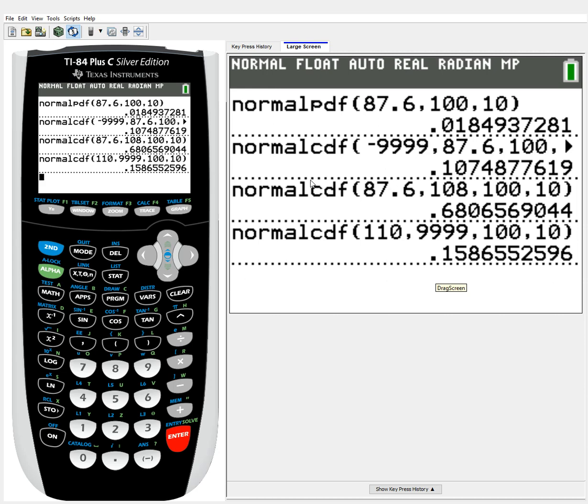So below 87.6 and above 108, if I look at both of those tails on the normal curve, I can figure that out just using complement rules, finding that about 32, or about 31.03% of the data would be in those tails. So keep that in mind. All right, so that's dealing with normal CDF. This is, again, if you're going from scores, whether they're z-scores or values given for a non-normalized curve, and we're just trying to find the percentage above, below, or between.